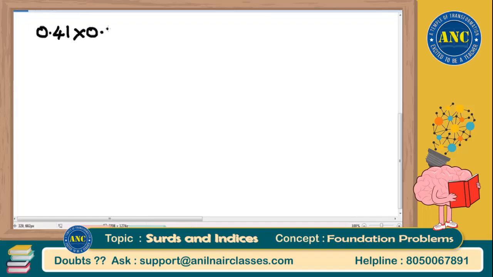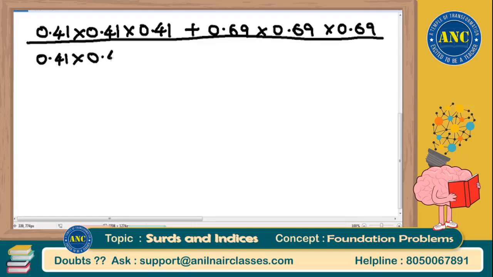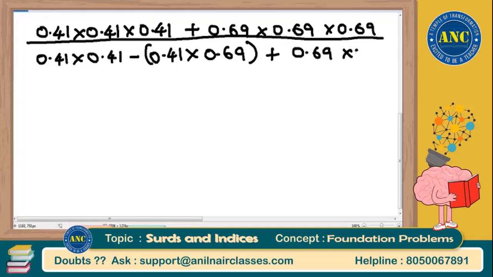0.41 into 0.41 into 0.41 plus 0.69 times 0.69 times 0.69, whole thing divided by 0.41 into 0.41 minus 0.41 into 0.69 plus 0.69 into 0.69.